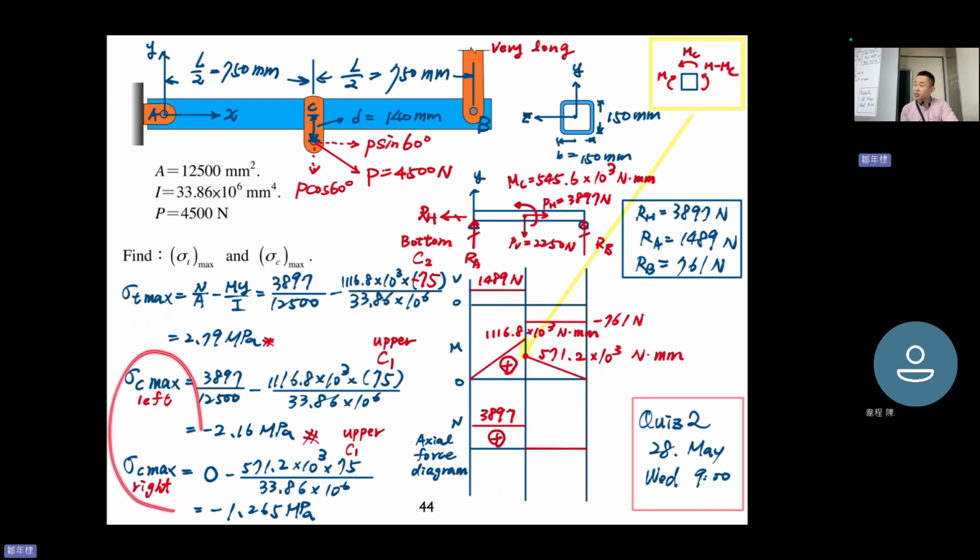But the compression is different, because there is nothing here. There is something for tensile. So this normal stress may cancel the compression due to the moment.